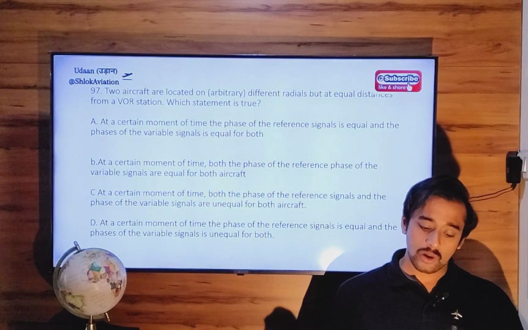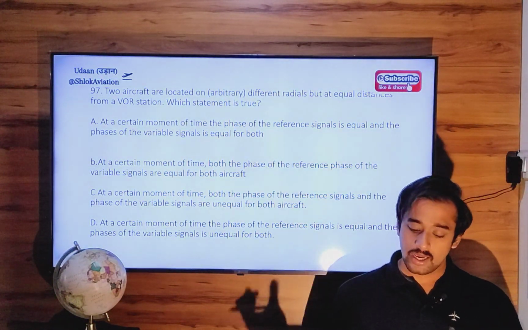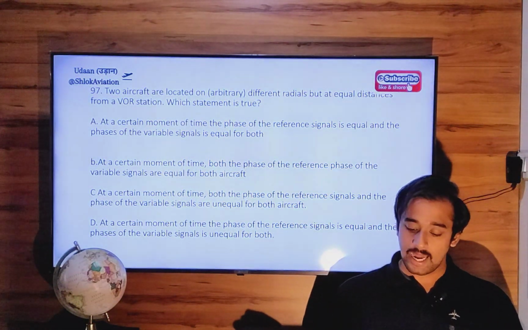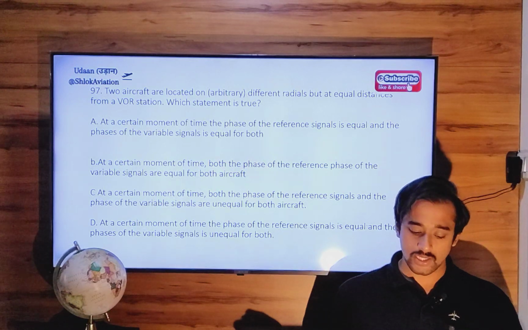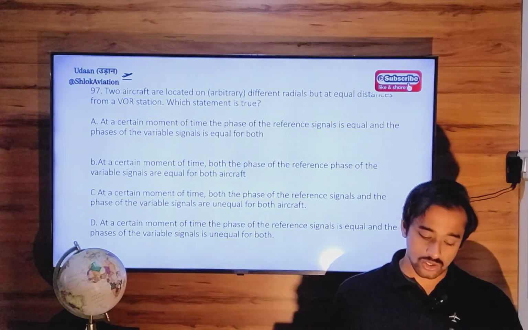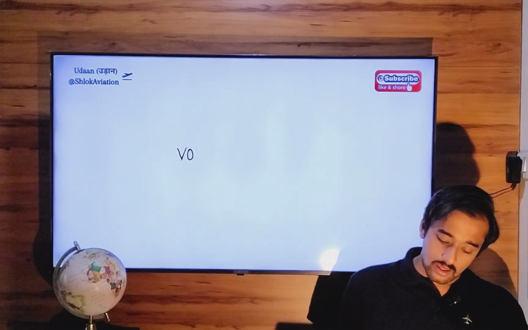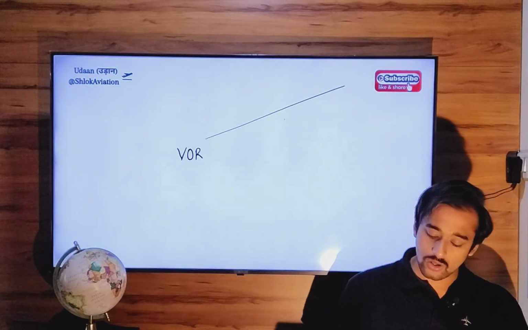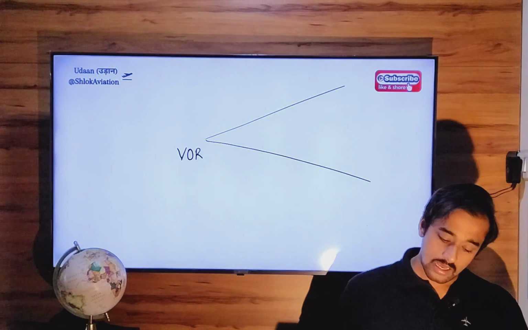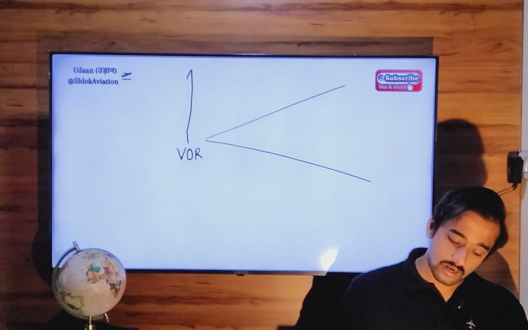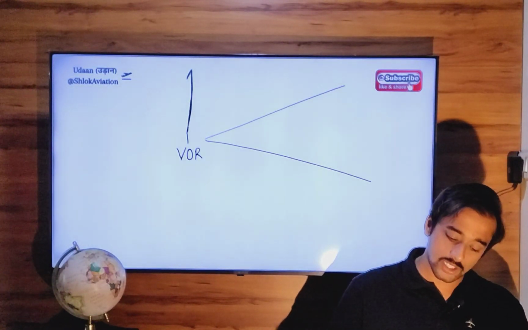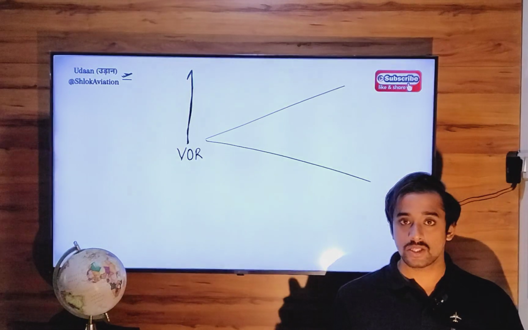Two aircraft are located on some arbitrary different radials but at equal distances from a VOR station. Which statement is true? So let's say this is your VOR station, and these are the two radials of that VOR station. This is the fixed reference signal of that VOR station. So the VOR station transmits two signals.